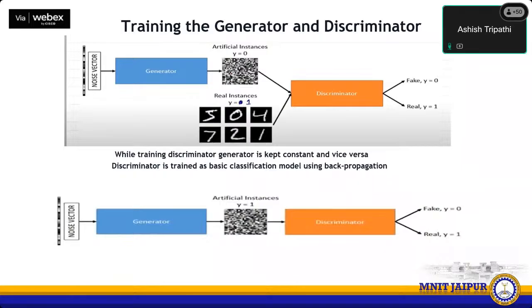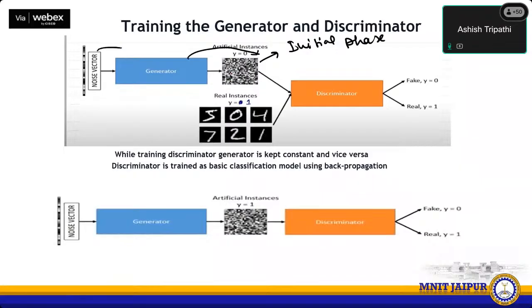Okay, coming to next: how the training of the generator and the discriminator is performed. For example, the generator has generated this image, and this may be in the initial phase. Why is it so?